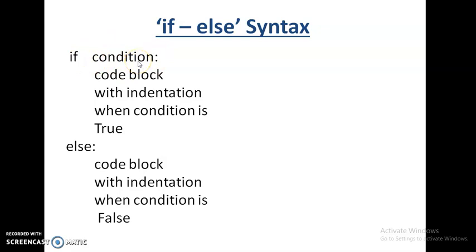Generally, this condition is written using comparison operators or relational operators, that is less than, greater than, etc. And the result of this condition will be one of the Boolean values, that is true or false.